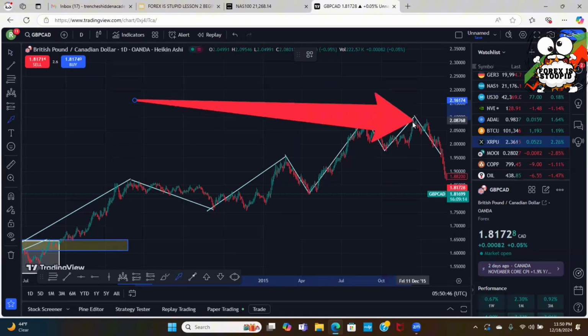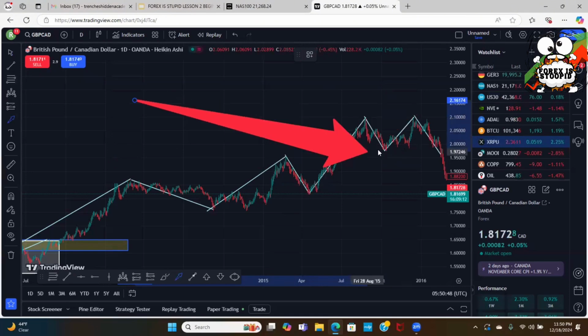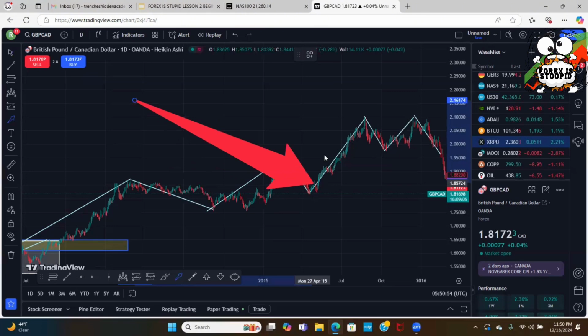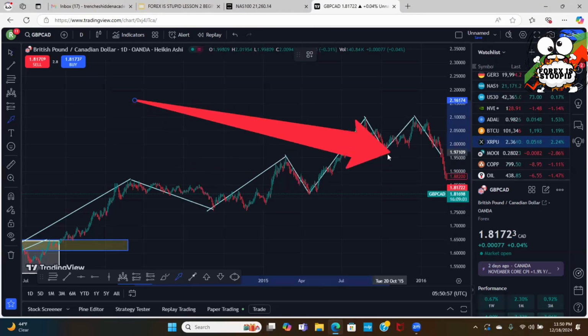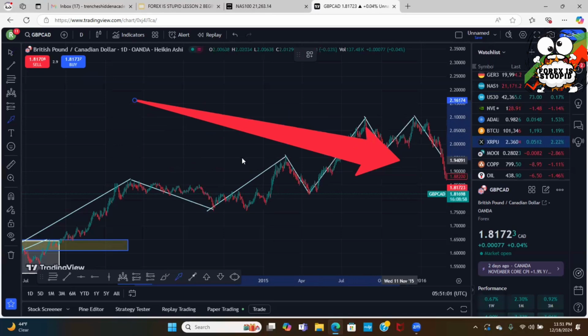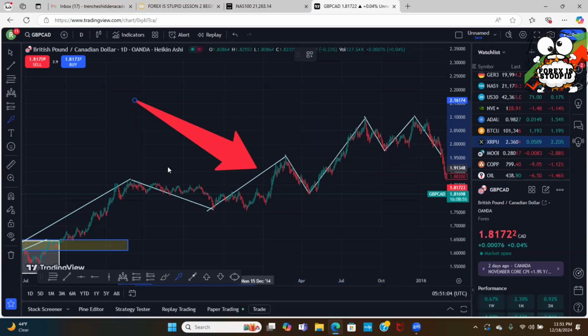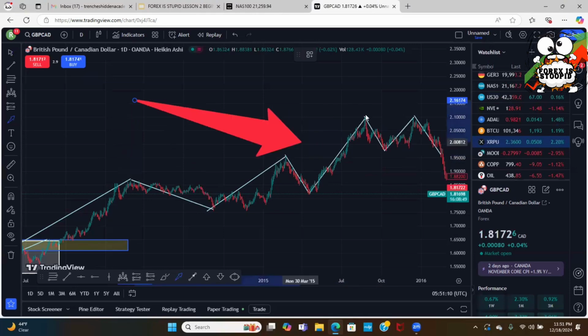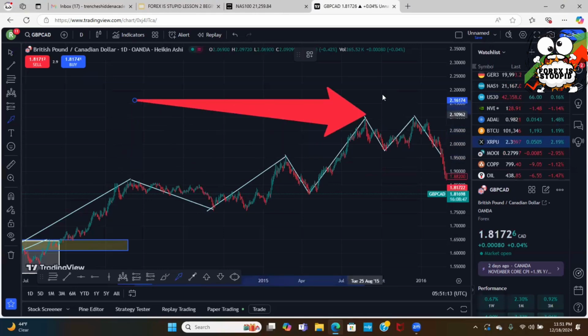And then we have price making a higher low, higher low, higher low, lower low, right? So every time price broke two new highs, that was a break of structure, break of structure, break of structure, break of structure. Price tried to break the structure here, didn't really get it.